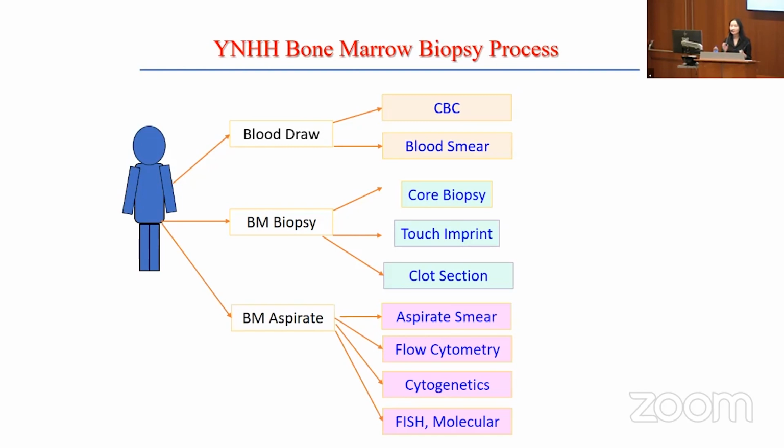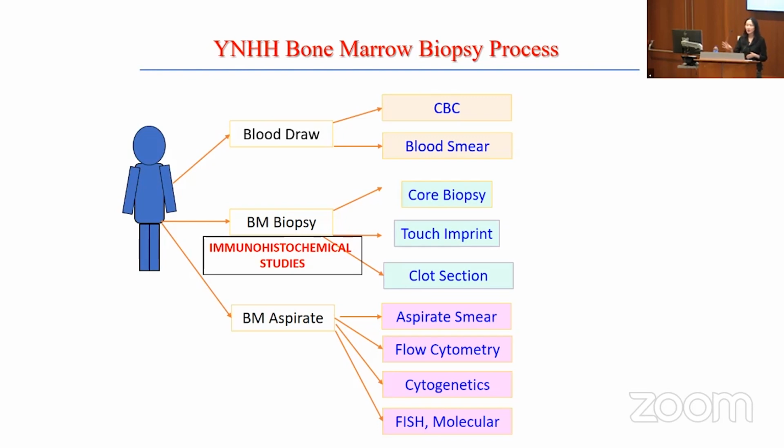And then the liquid portion of this biopsy, which is called the aspirate. The aspirate actually ends up giving rise to all these other tests. So aspirate smear, flow cytometry, cytogenetics, FISH, molecular, that all requires fresh cells that are in suspension versus the biopsy, which is a solid sample. And I'll show you that in a visual way.